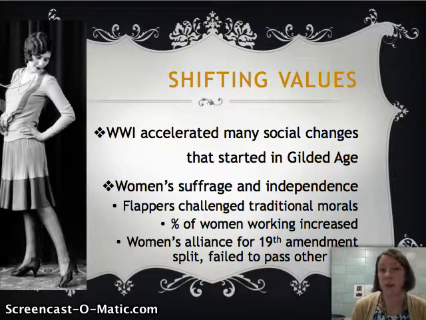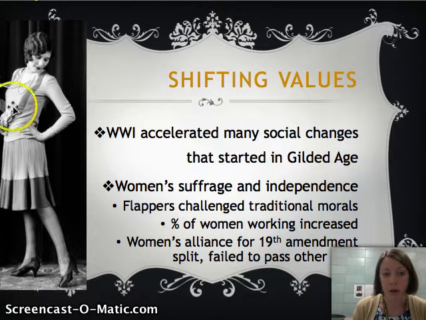Many women were themselves against the suffrage movement and were disturbed by what they saw as a lack of morals in the younger generation of women who were coming of age in the 1920s. Of course, we have the image of the flapper during the 20s. A young woman who was challenging traditional morals, wearing hemlines where, oh my goodness, you can see her ankles.